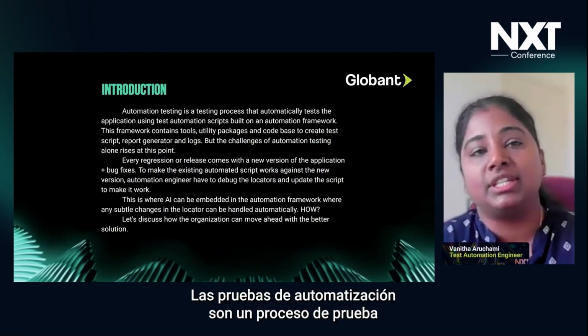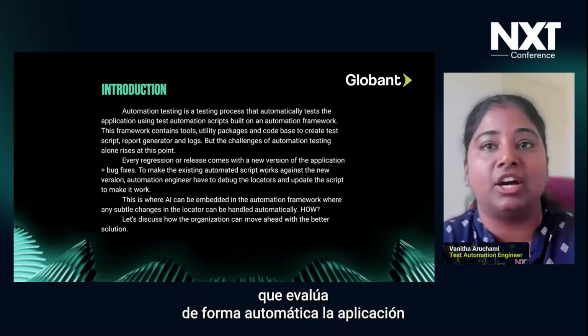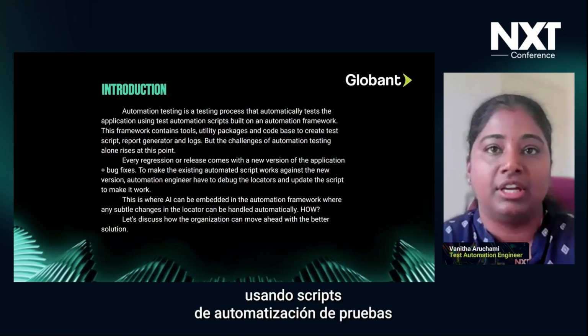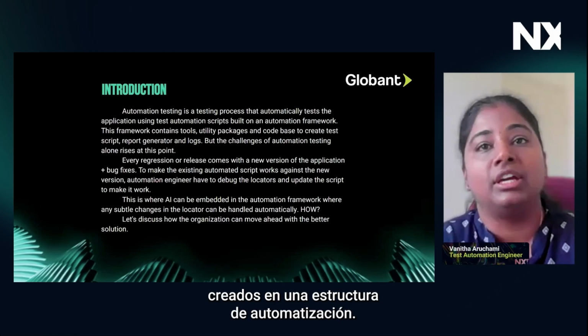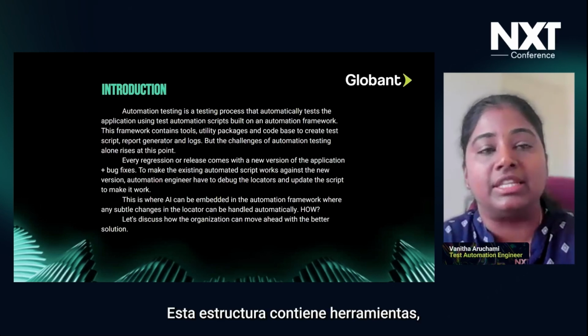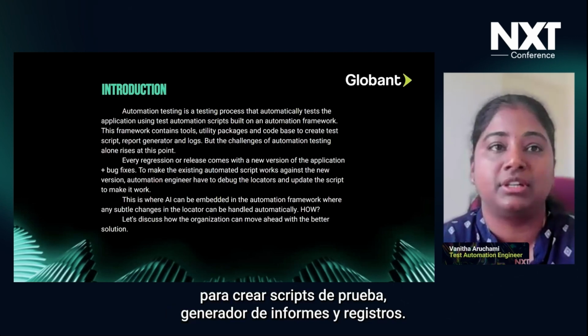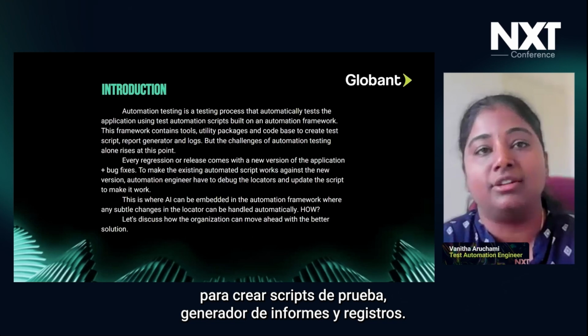So automation testing is a testing process that automatically tests the application using test automation scripts built on top of the automation framework. This framework contains tools, utility packages, code base to create test scripts, report generator, and logs.